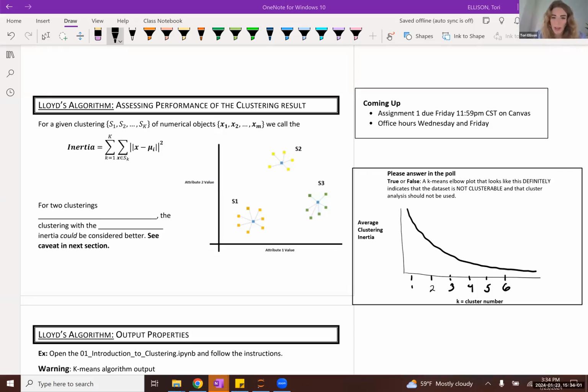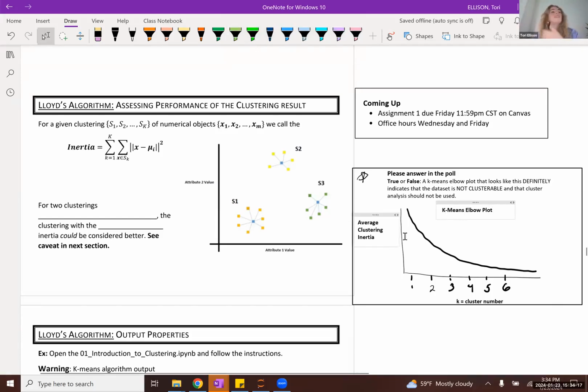Okay, so hopefully you had a chance to notice that I did post a quick warm-up poll, asking how we go about interpreting what we called a k-means elbow plot, which we discussed on Thursday.